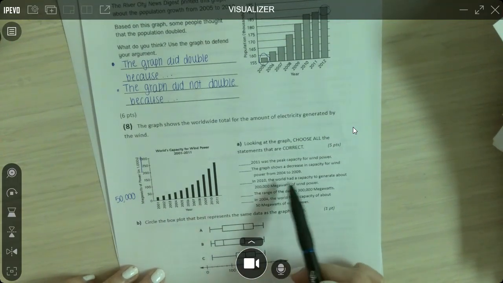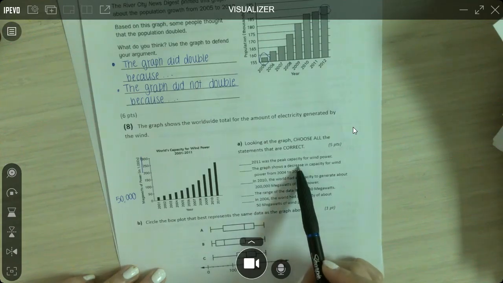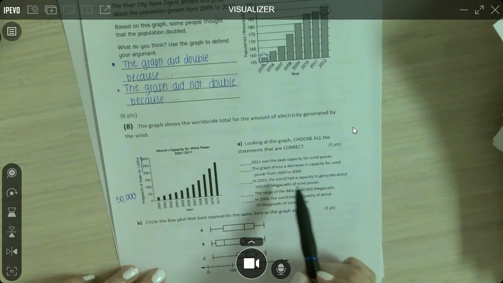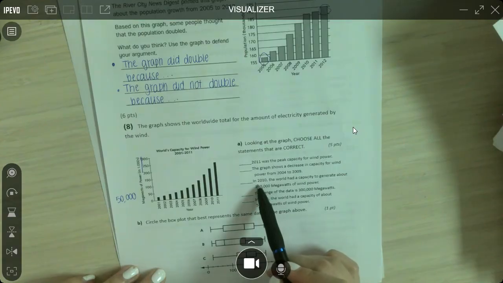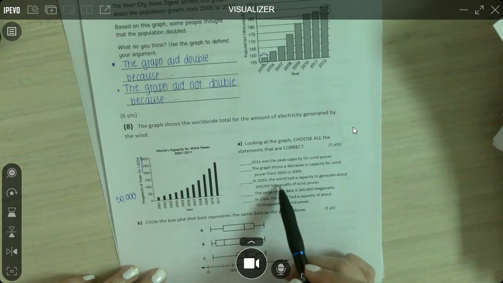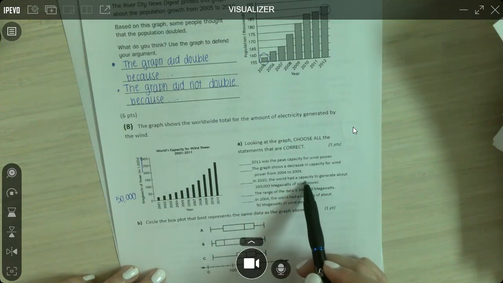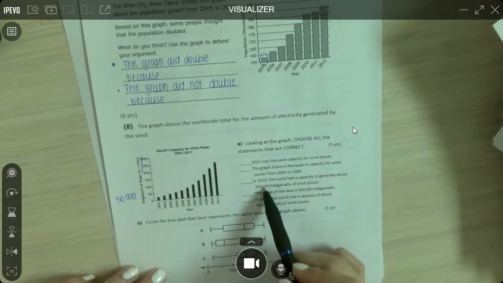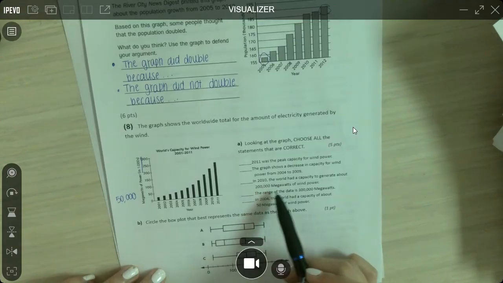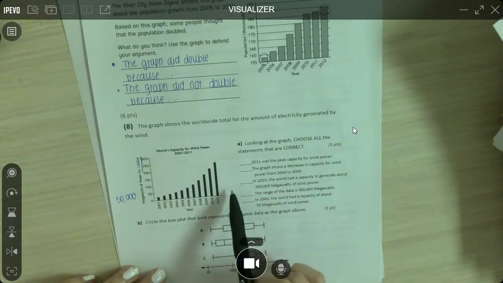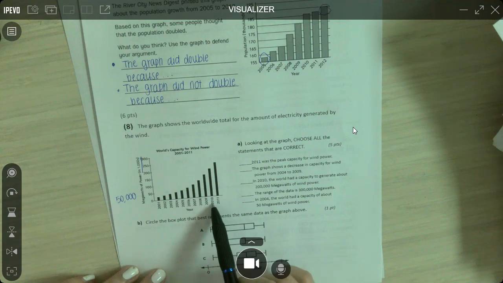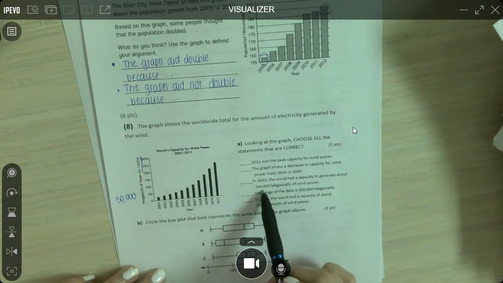Decrease again means that it's going down. Then right here it says in 2010, the world had a capacity to generate about 200,000 megawatts of wind power. When you look at 2010, did it get to about 200,000? If that's true, you're going to mark that one.